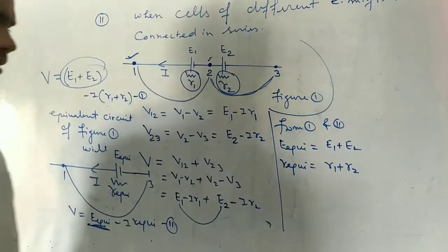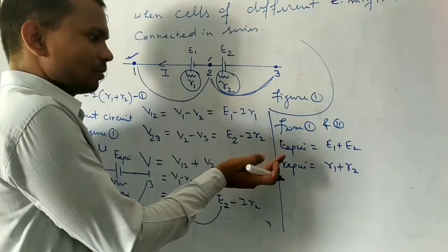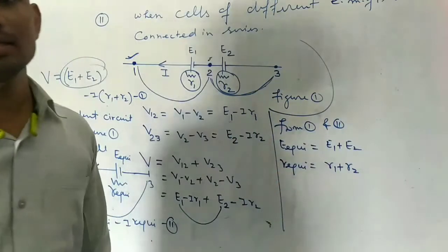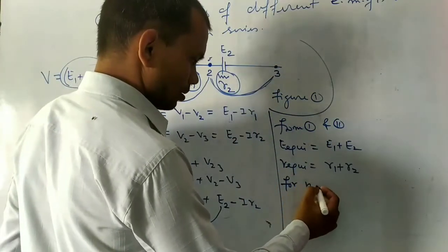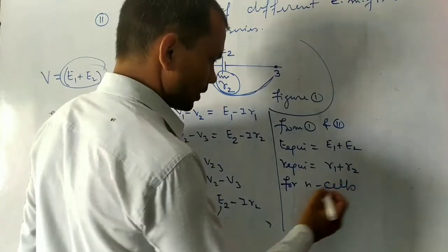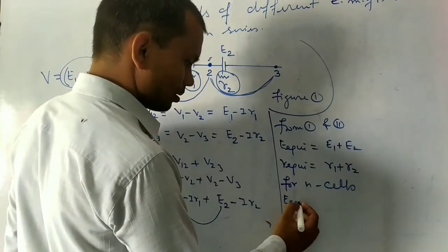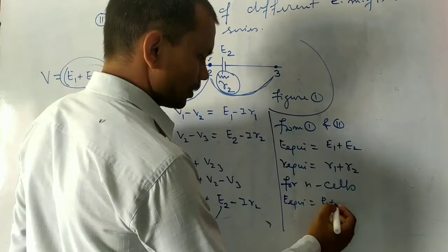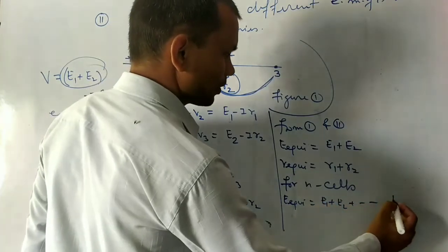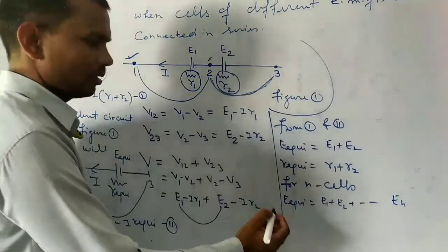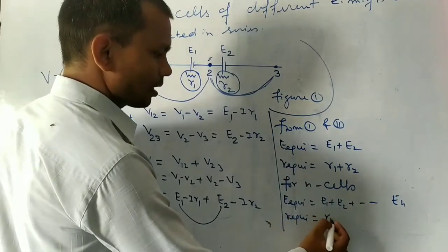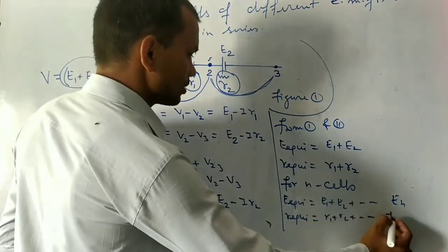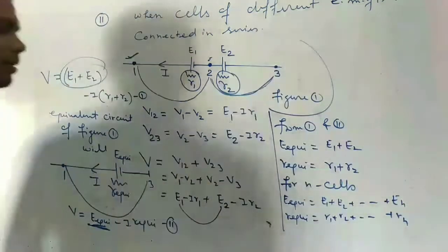It means that suppose n cells are connected, then for n cells, what will we get? E equivalent is equal to E1 plus E2 and so on, up to En. And for the R equivalent for n cells, this is R1 plus R2 and so on, up to Rn, this we will get, right?